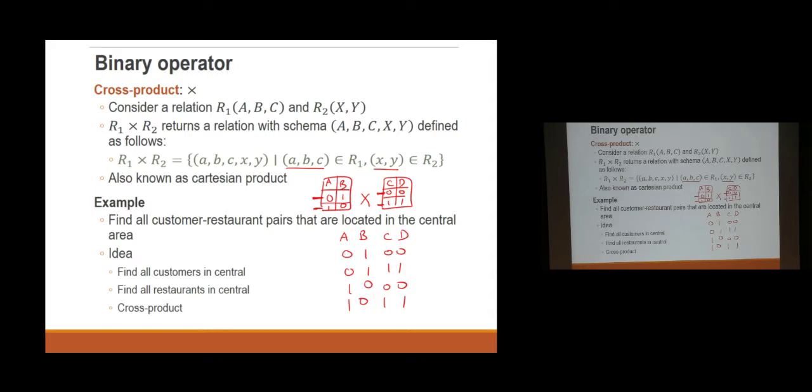Right? So any questions? Yes? It doesn't matter, right? Then what you do is you rename the first column first. One of the columns, basically.